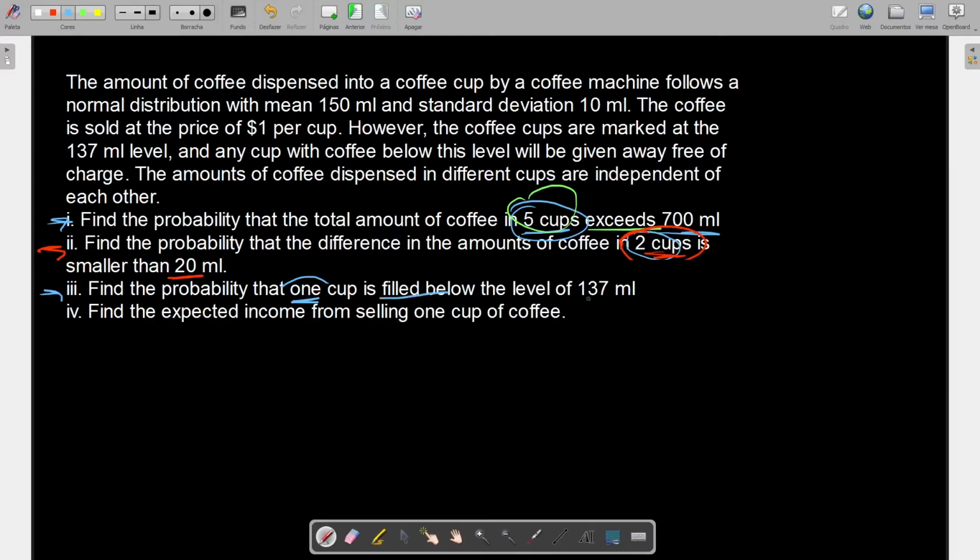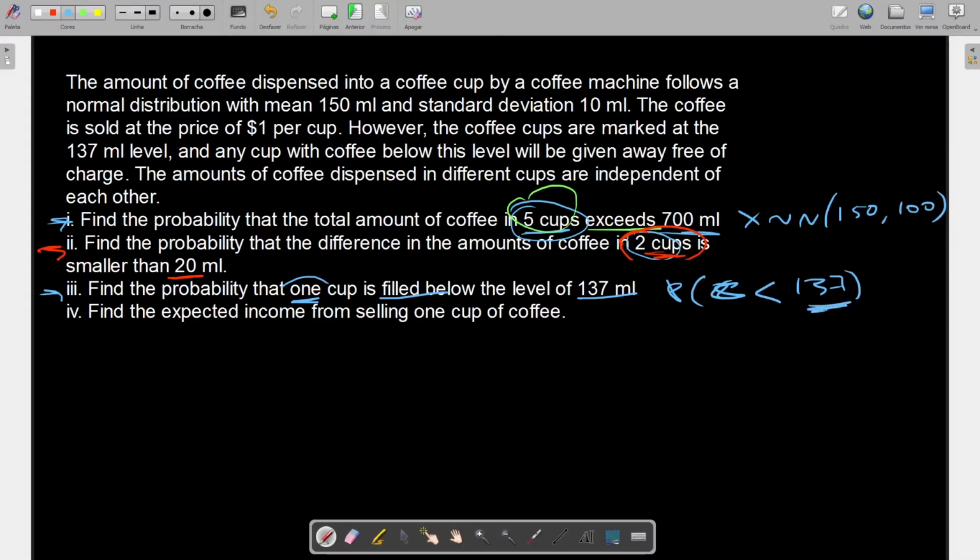For the next one, you are asked to find what is the probability that 1 cup, remember your multiplier, is filled below the level of 137. So this means that you're looking for the probability of C is below 137. This is what they're asking you to do. So in order to solve this problem, X follows a normal distribution of, the first one is 150, and then we have 100.